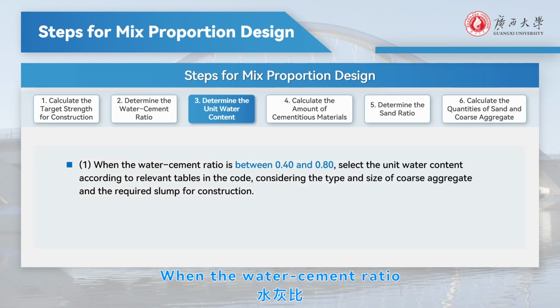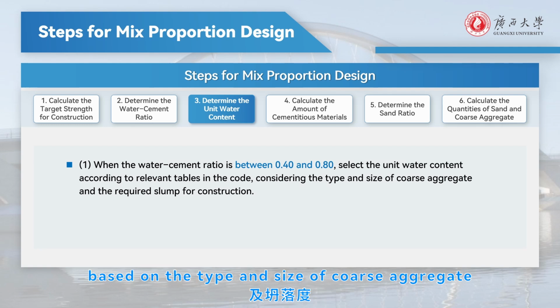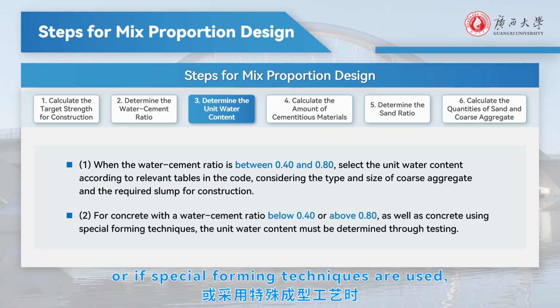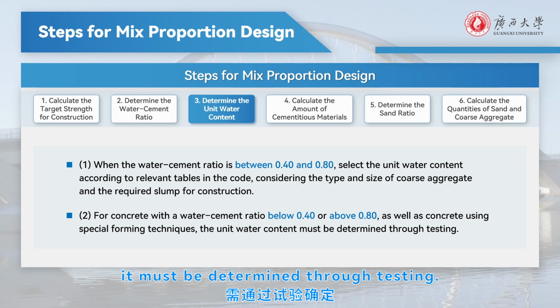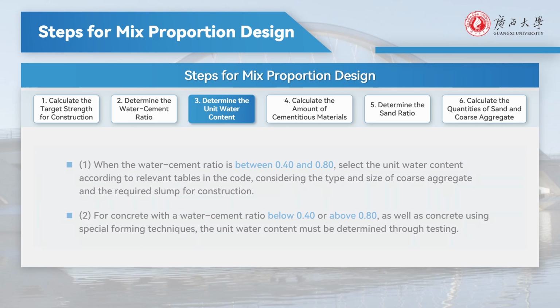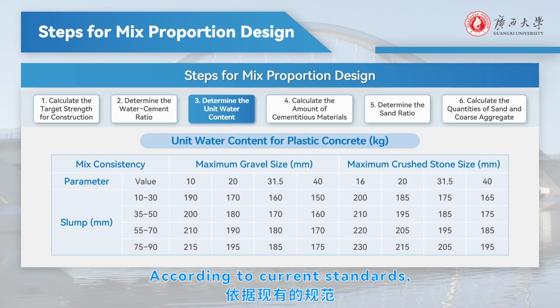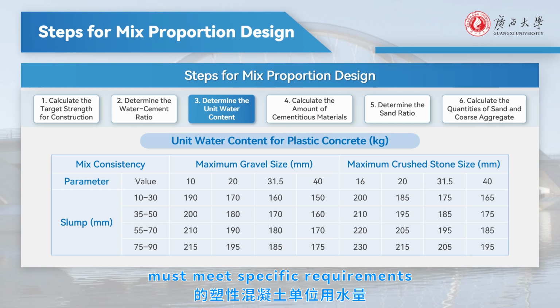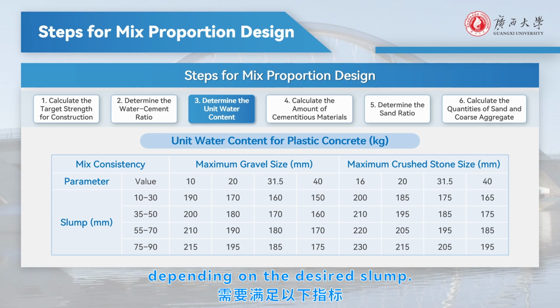When the water-cement ratio is between 0.40 and 0.80, the unit water content can be selected from standard tables based on the type and size of coarse aggregate and the target slump. If the water-cement ratio is outside this range, or if special forming techniques are used, it must be determined through testing. According to current standards, the unit water content for plastic concrete must meet specific requirements depending on the desired slump.